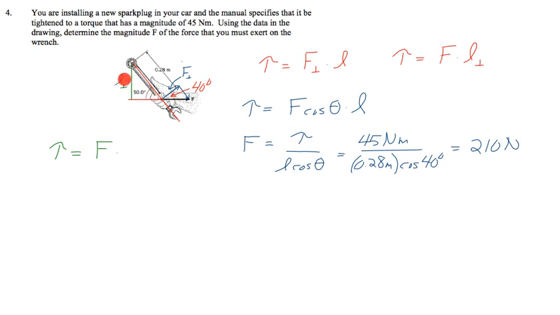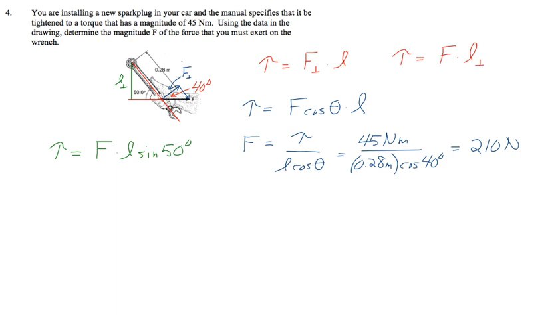Is that the opposite side or the adjacent side? So what trig function do I use? Sine. So it's going to be F times L sine of 50 degrees. And the sine of 50 degrees is the same thing as the cosine of 40 degrees. So we're going to get the same answer here, solving for F.